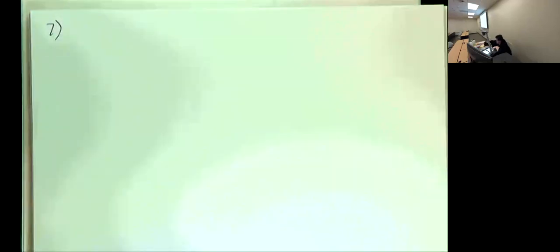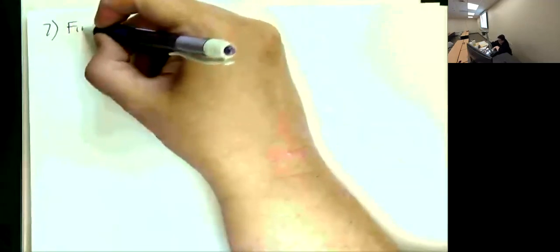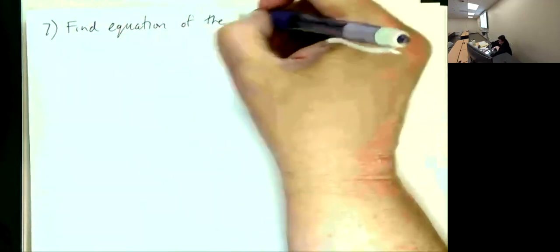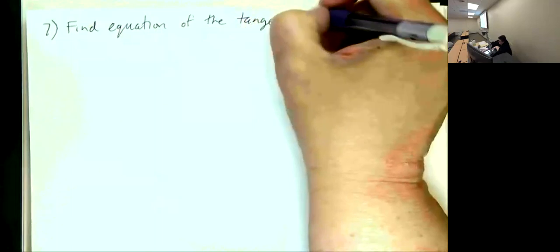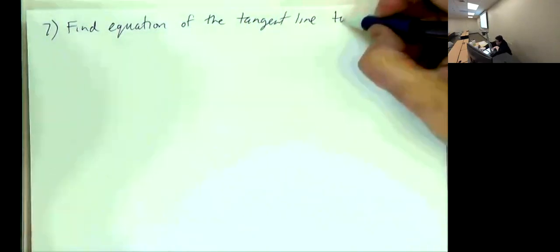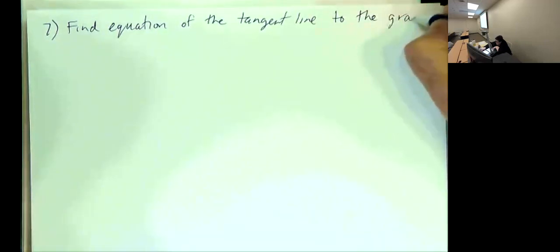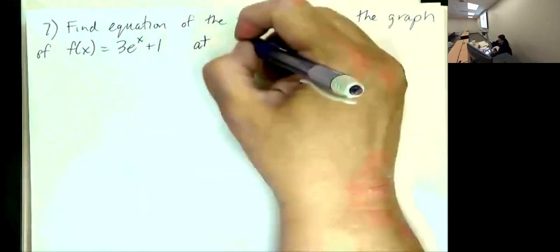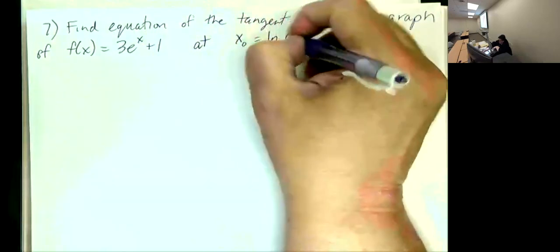Find the equation of the tangent line to the graph of f of x equals 3e to the x plus 1 at x naught equals natural log of 2.